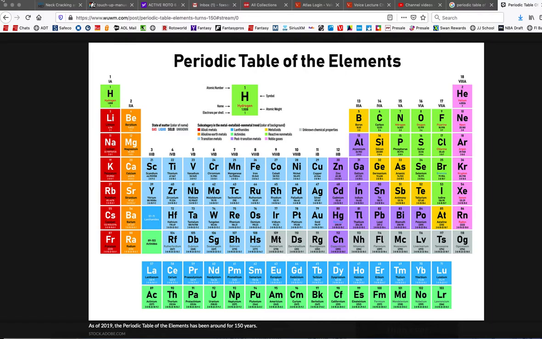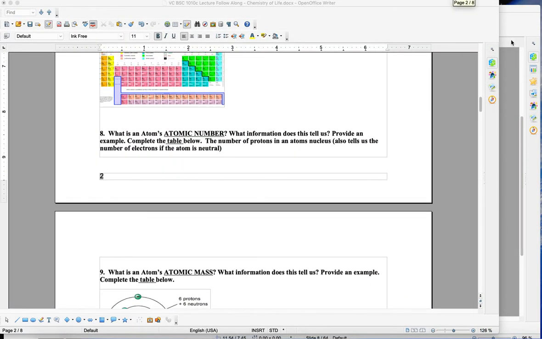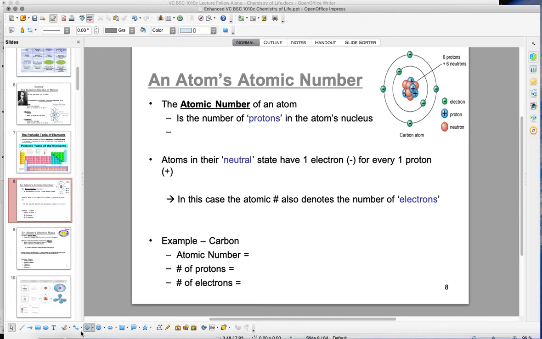So this would tell us that if hydrogen's atomic number is 1, if we go back over here, we'll draw this out, let's say, talking about hydrogen. Okay, so let's make our hydrogen atom, excuse me, right here. And that would tell us if its atomic number is 1, we have 1 proton in the center, in the nucleus.